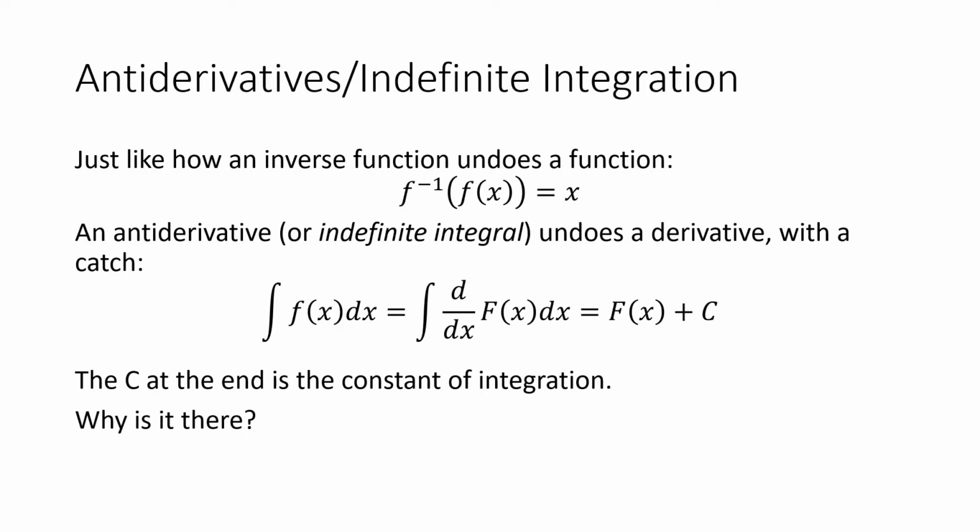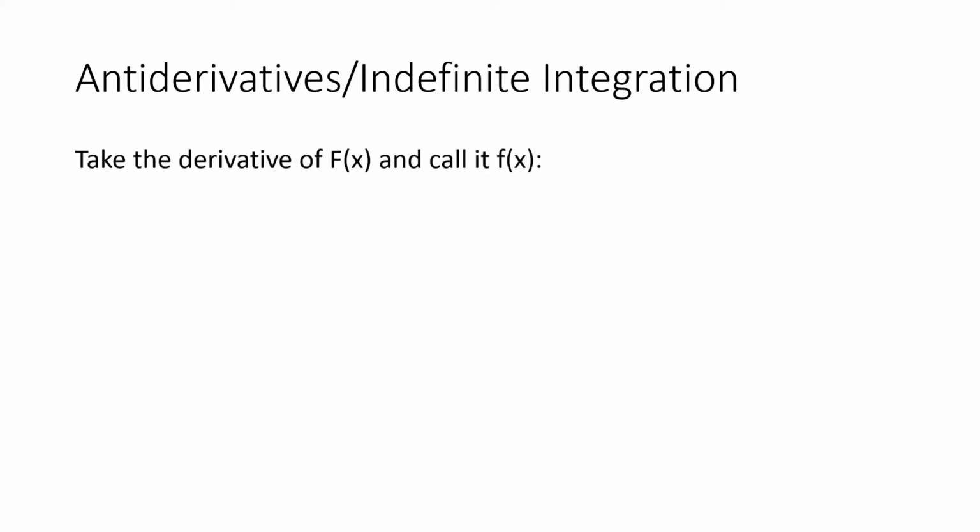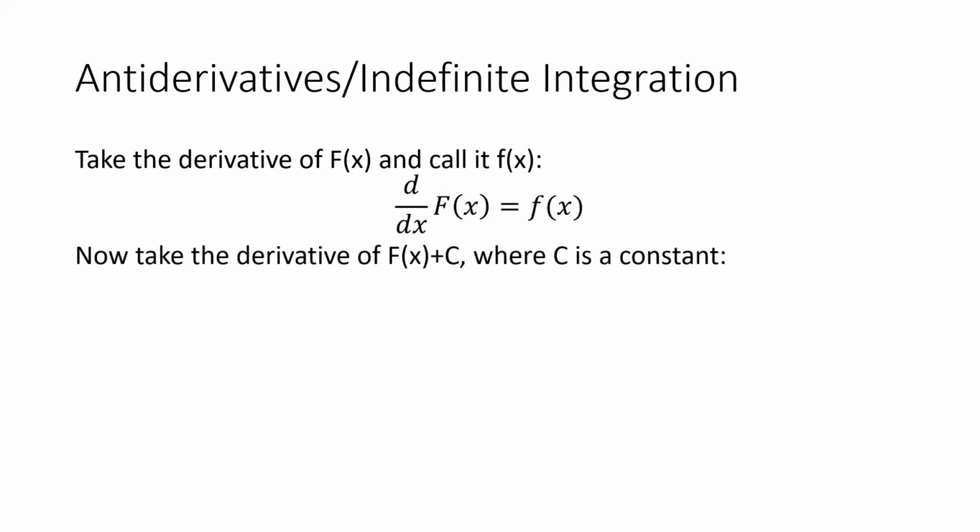Now, why is the constant c at the end once you do the indefinite integral? Let's prove its existence. Take the derivative of capital F and call it f of x, like we did earlier. Now take the derivative of capital F plus c, where c is a constant. You can probably see where this is going. The derivative of that sum can be broken apart into two derivatives, d/dx of capital F plus d/dx of c.